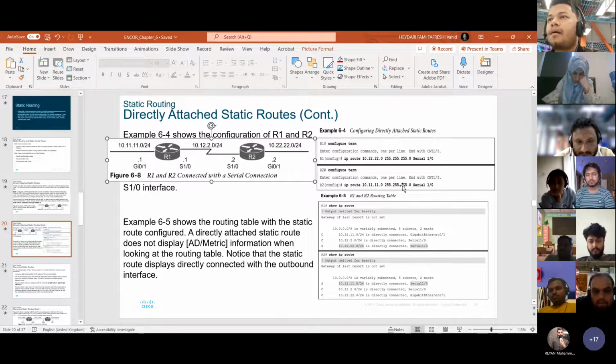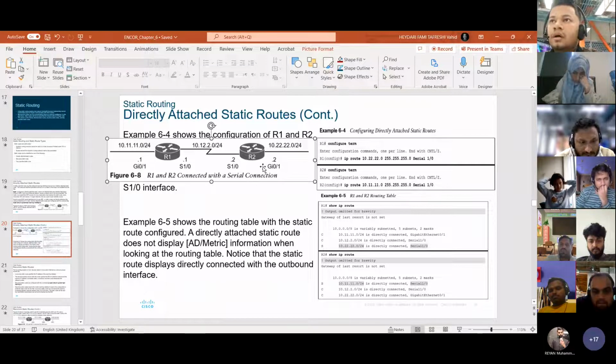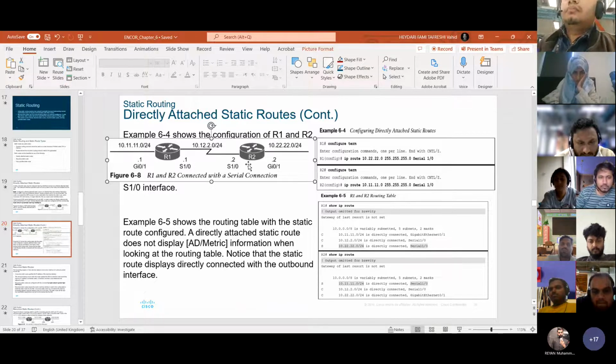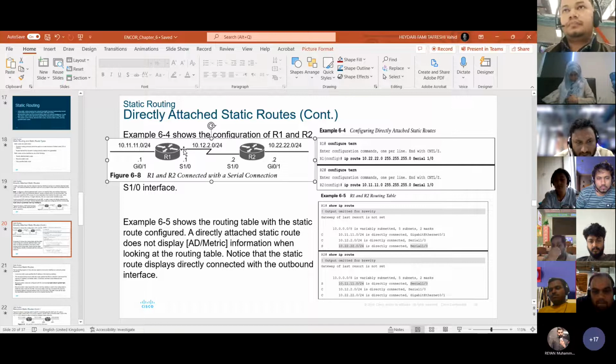I do the same on R2. So on R2, instead of this, of course, I refer to this. So I say IP route 10.11.11.0, serial 1/0. So I'm saying to R2 that if you want to get to this network, this is your outgoing interface. And I'm telling R1 that if you want to get to this network, this is your outgoing interface. This is known as directly attached static routes.